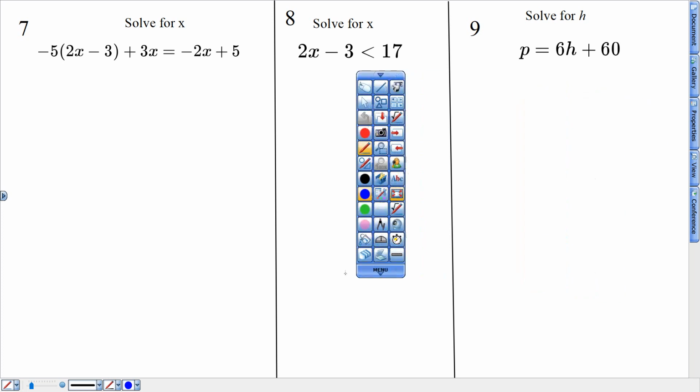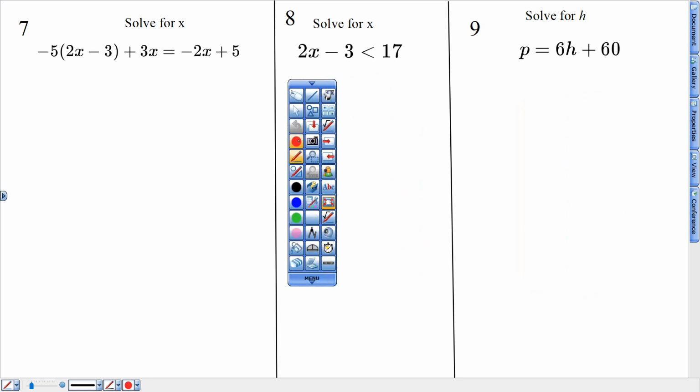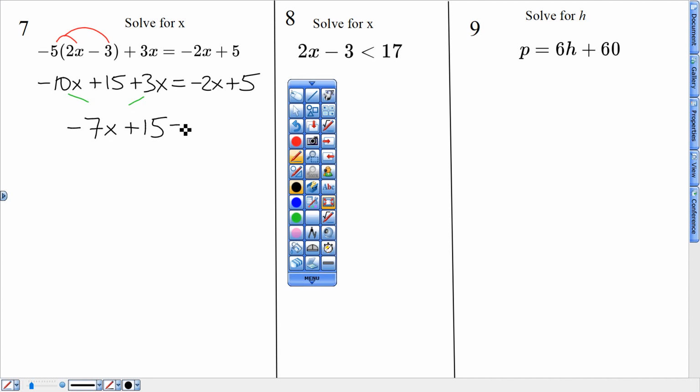Here we go. For equations, first thing I'm going to do is distribute and then combine like terms. So if I distribute, that gives me -10x plus 15 plus this 3x equals -2x plus 5. And then right there, I'm going to combine my like terms, and that's going to give me -7x plus that 15 equals -2x plus 5.